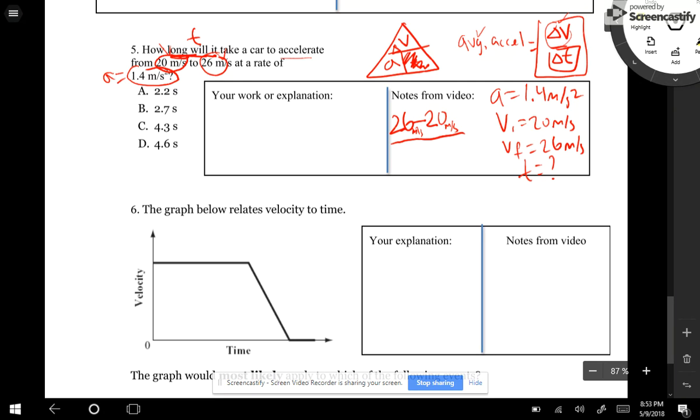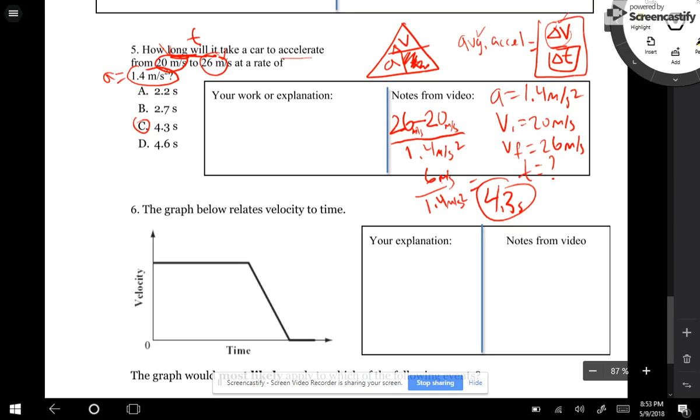And then our acceleration goes on the bottom of the triangle. All right. So when you subtract, you end up with 6 divided by 1.4. So 6 meters per second over 1.4 meters per second squared. And that should get you a number like 4.2857. So they round that to 4.3. And that's how they get that.